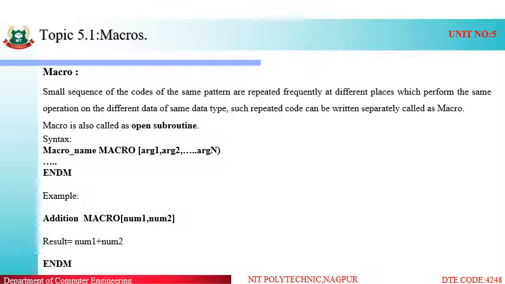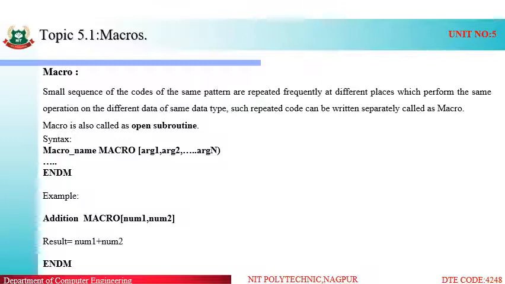We have taken an example where the macro name is addition, followed by the MACRO keyword, and we have specified two parameters or arguments, that is num1 and num2. What will this macro perform? It will perform addition of num1 plus num2, and the result will be stored in the result variable.